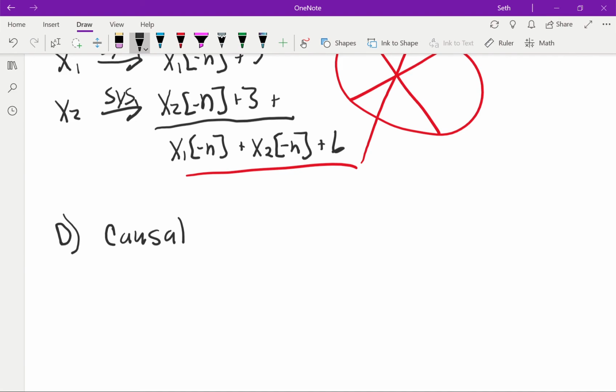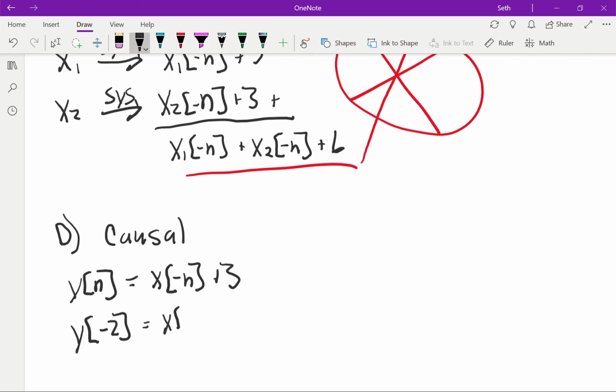So like part A, we can just do this by guessing, putting in values and seeing what we get.